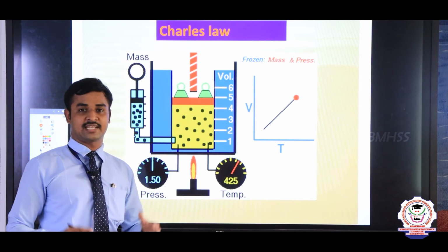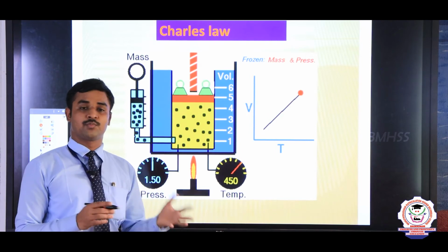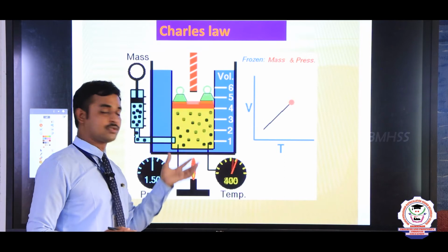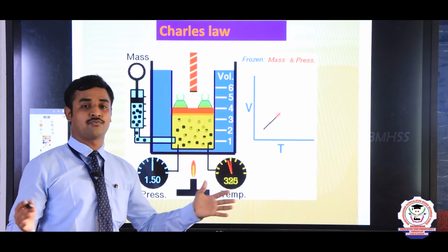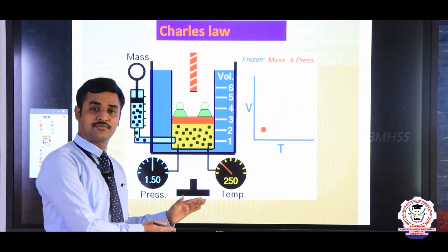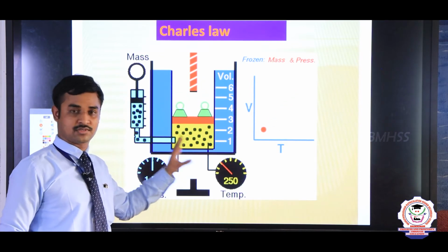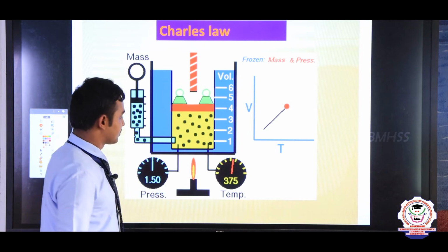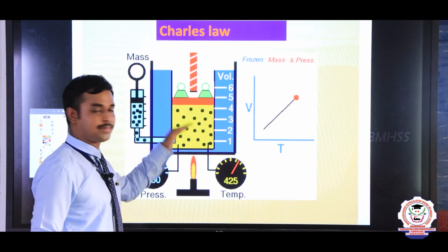Due to the kinetic energy, the molecules move from one position to another. Because of this vibration, the molecules need more volume space, so we need to give a flexible volume so that the pressure is maintained the same. So volume changes as the temperature changes.